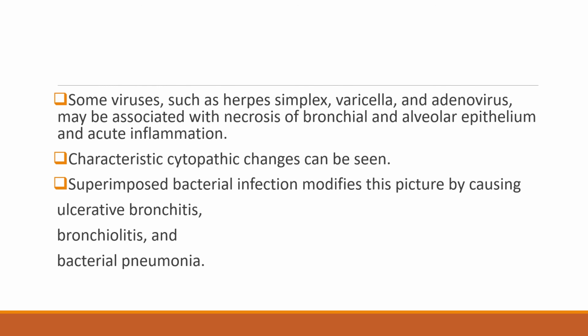Some viruses replicate within the cells and form viral aggregates that are visible as inclusion bodies, seen in herpes virus and adenovirus, or they can induce the cells to fuse and form multinucleated cells. So that can be seen histologically. Superimposed bacterial infection, if it occurs, modifies the picture and causes ulcerative bronchitis, bronchiolitis, and superimposed bacterial pneumonia.